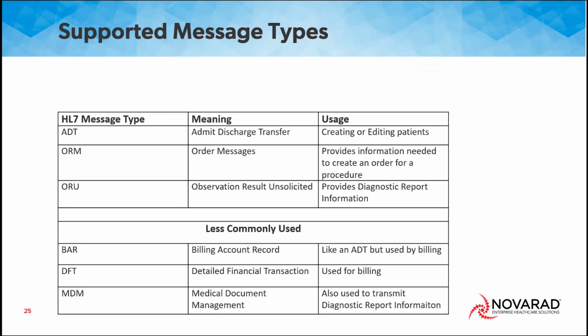An ORU is probably the one I can tell what needs to happen with the least, because it really stands for observation result unsolicited. Don't worry about that. But it's the message that provides a diagnostic report from a radiologist. And so you can see that Novarad can do a radiology type environment on 6 HL7 message types.